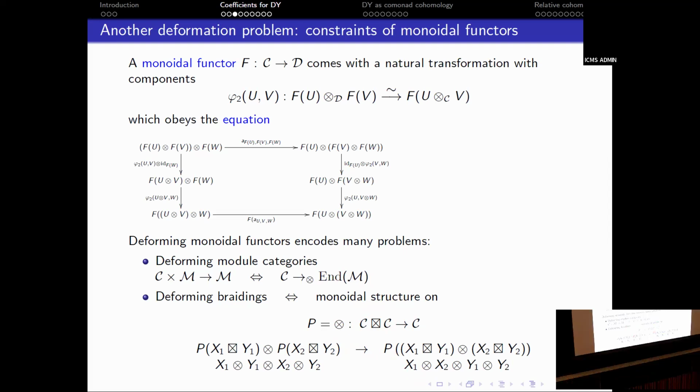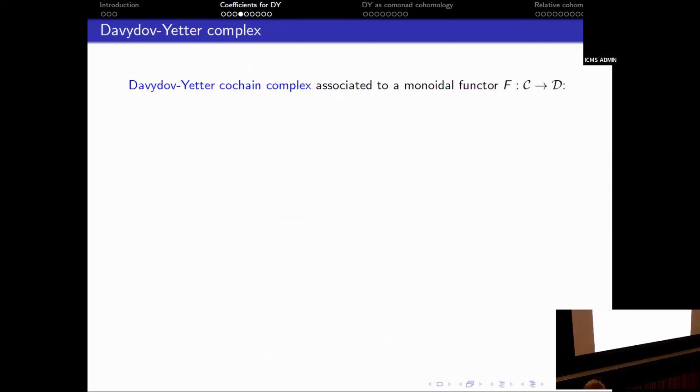And if you look for a monoidal constraint in this equation, then you see that if I take the tensor product in the other way, then y1 and x2 change position. That's why it's related to the braiding. You need a bit more care to state the relation carefully, but everybody can work this out. So it's interesting to deform monoidal functors.